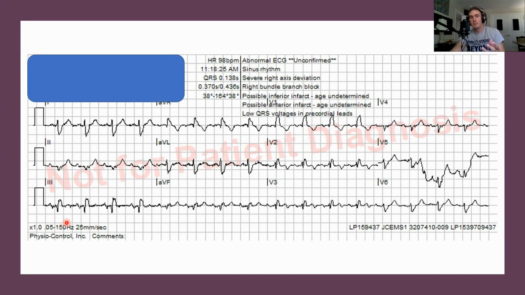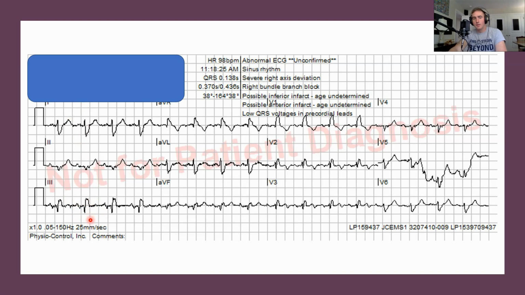But sometimes you'll have an EKG like this where if you look in the inferior leads, you will see what appears to be ST elevation. All right? And it can be hard to know what's part of the QRS complex, where the J point is, and where the ST segment begins. So there is a nice little trick.